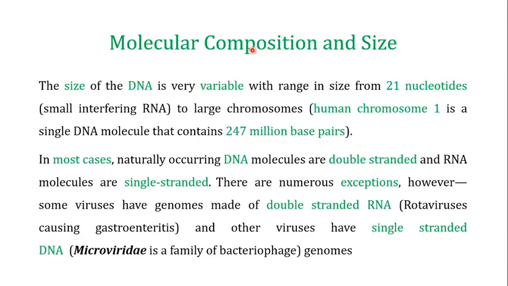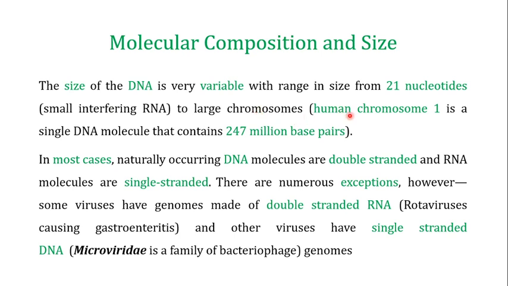If you talk about the molecular composition and size of the polynucleotides, the size of the DNA is very variable. It can be very small, like 21 nucleotides in the small interfering RNAs. These are the special RNA responsible for gene regulation, and the size can be very large.